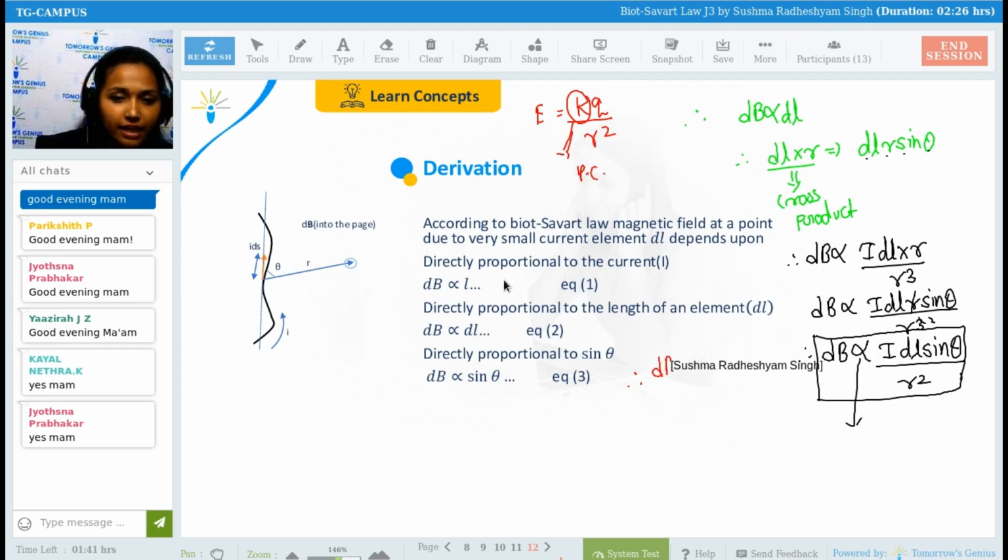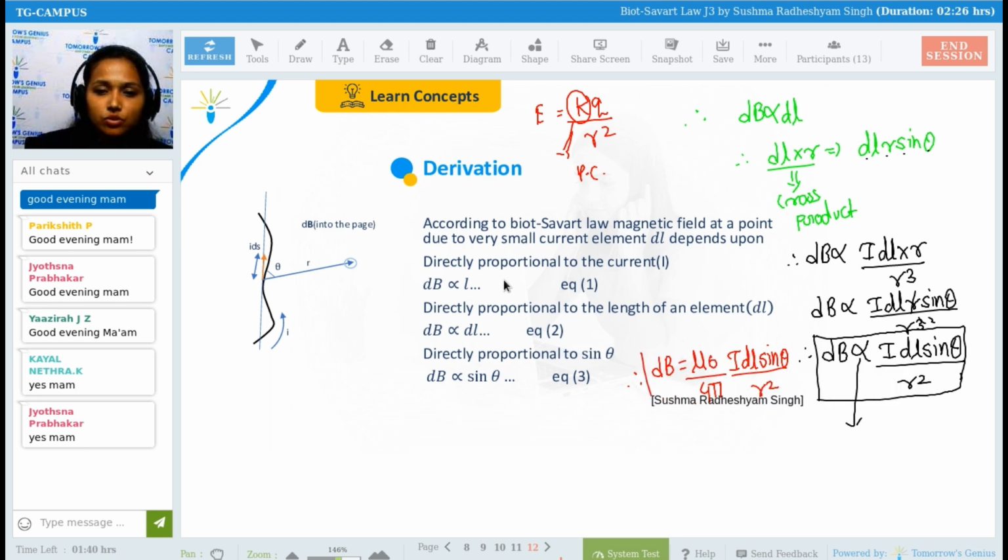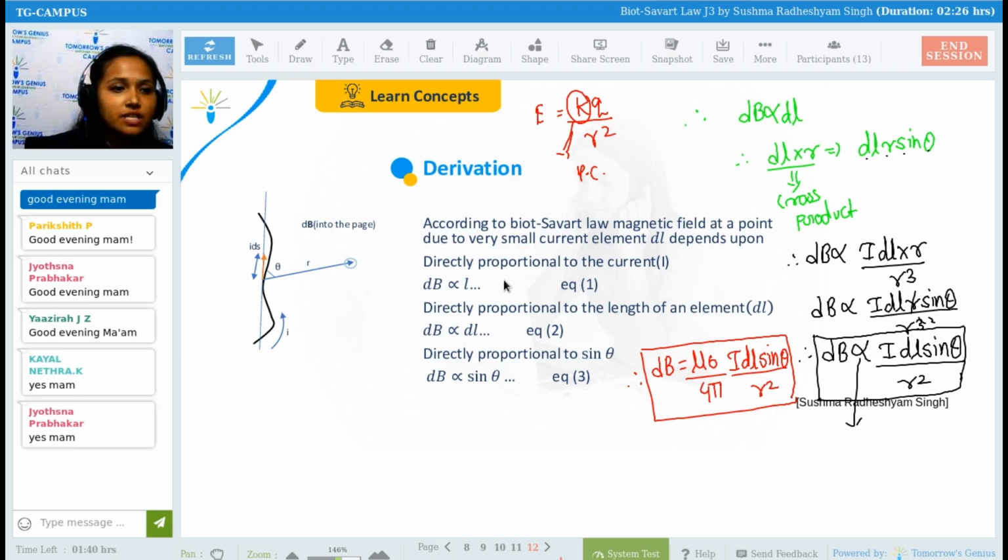Similarly, in a magnetic field also, we have one proportionality constant, which is mu naught by 4 pi, times I dl sine theta over r square. So this is your total Biot-Savart law. Clear this part? Hello students, clear this part?